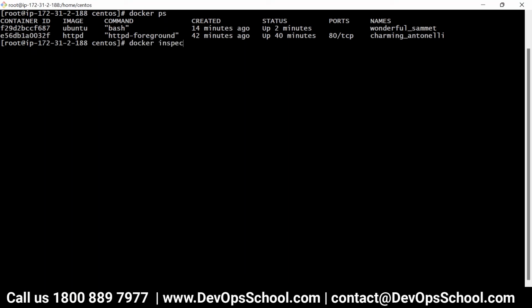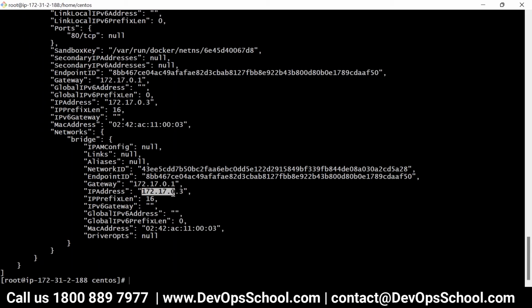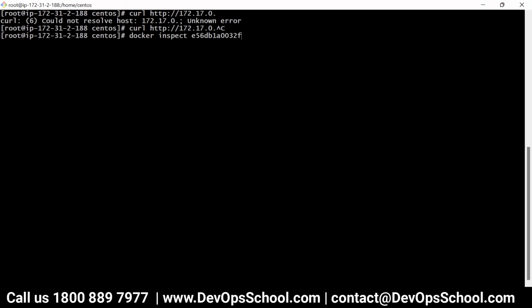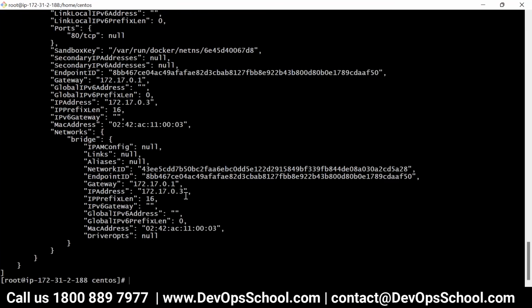So how do we get the IP address of this container? So the inspect command will be used. And what is up here? This is the IP address. Okay. Now guys, look at my screen here. curl httpd. I'm hitting through the command line, not the browser. Okay, and oops, which IP address was it? I forgot. It was 3.